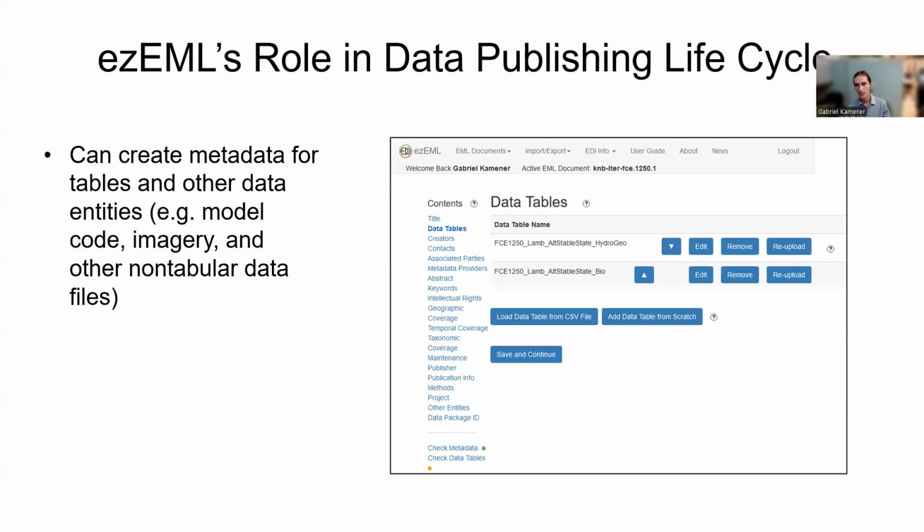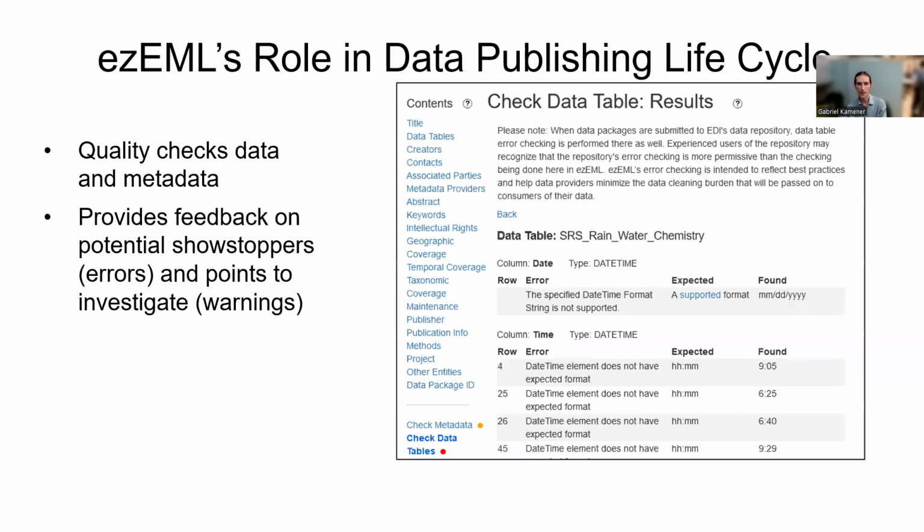And so in EasyEML, you can create metadata for tables and other data entities. And you can also run quality checks on the data and metadata. EasyEML will provide feedback on potential showstoppers or errors and points to investigate, which come up as warnings. Errors come up as red in EasyEML, and warnings will come up in yellow.